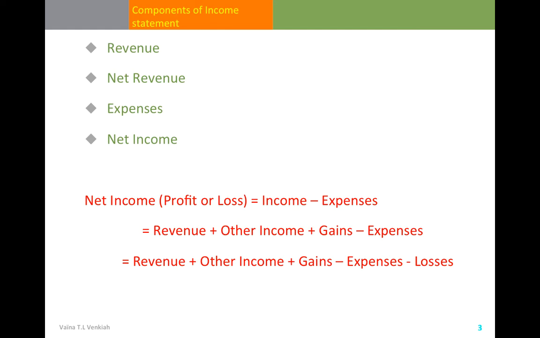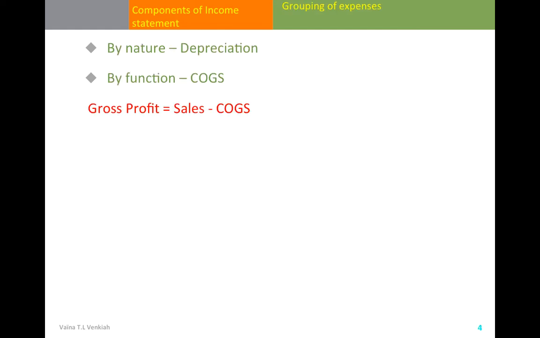So if we break down income minus expenses, you can have it as revenue plus other income plus gains minus expenses, or revenue plus other income plus gains minus losses minus expenses.